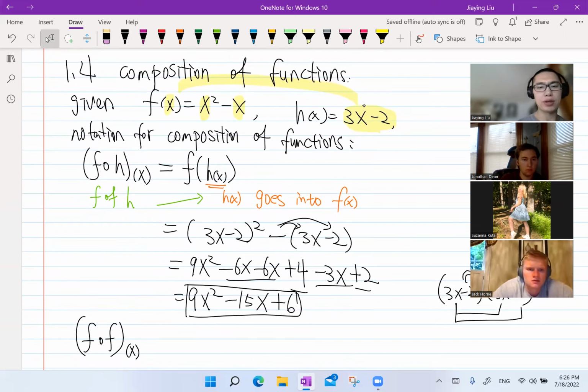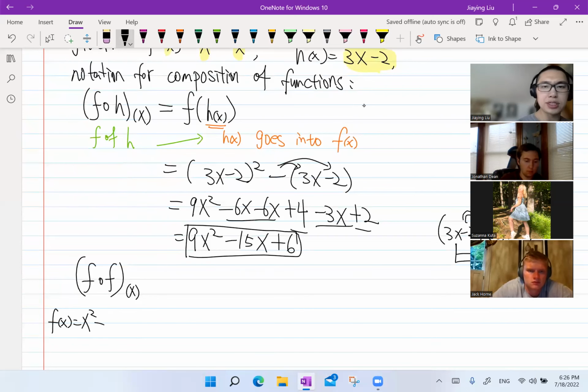So recall that f of x equals x squared minus x. That's what f of x is, right? So we're going to take this expression, x squared minus x, and put it into itself to replace this first x and to replace this x.